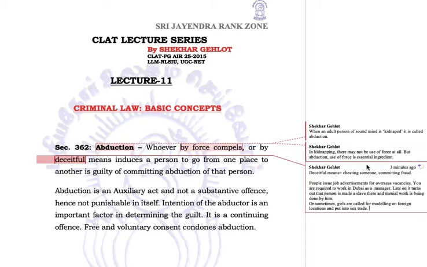It can happen within India, within a state, within the same district as well. Someone can be forcefully abducted and put in a separate room in the same street, or someone can be made to move and kept there as a slave somewhere else. Then the offense of abduction is complete.